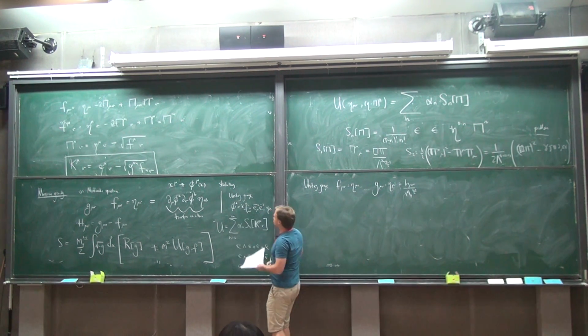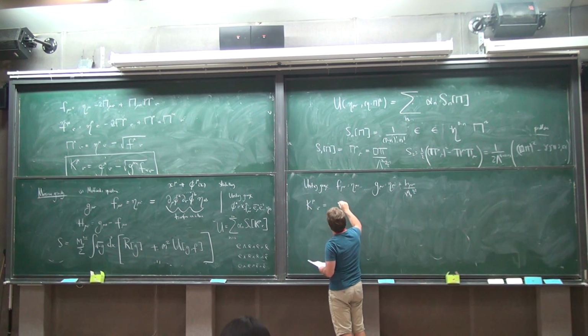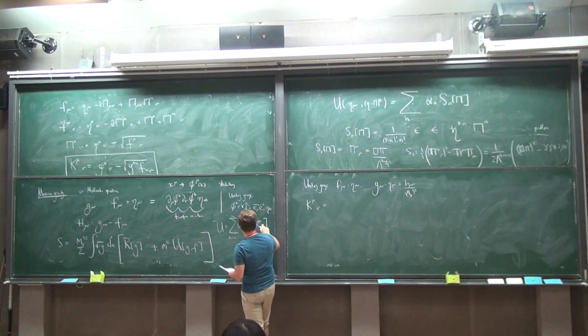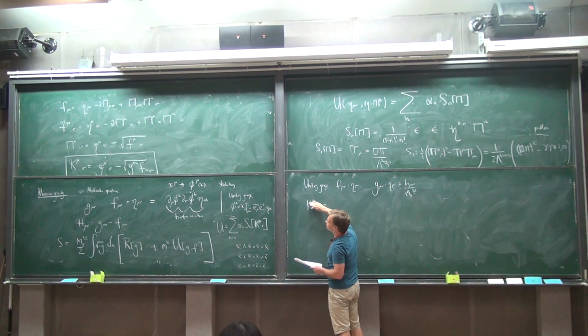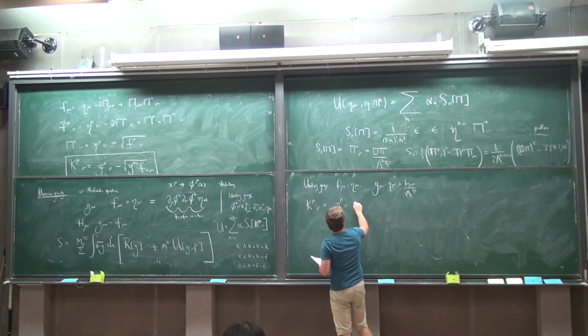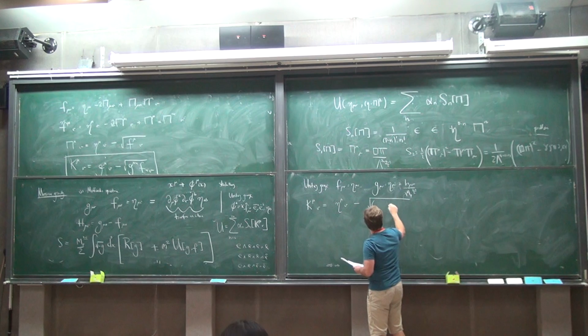So this object, K mu nu, is eta mu nu minus the square root of the inverse of this.